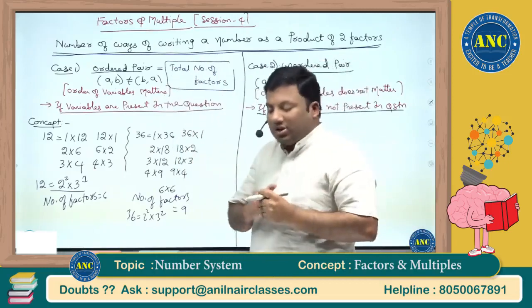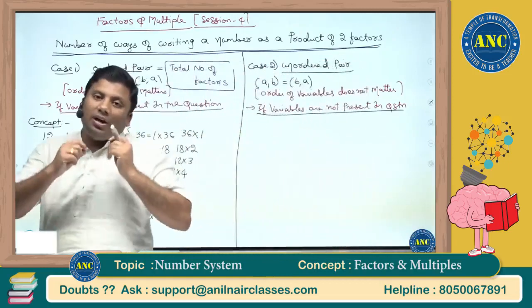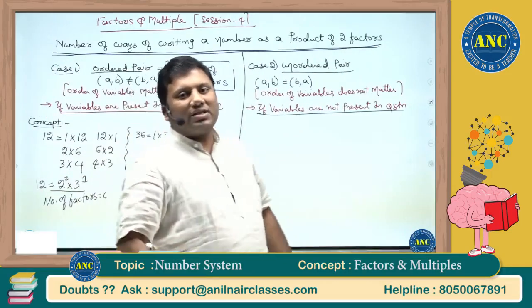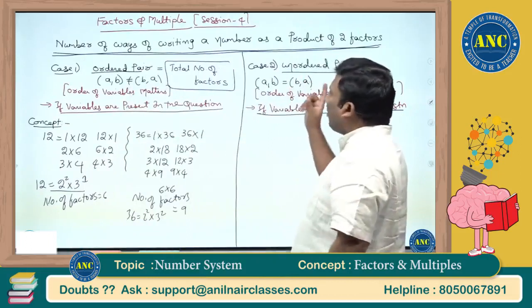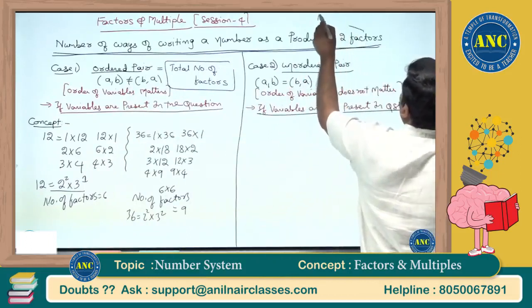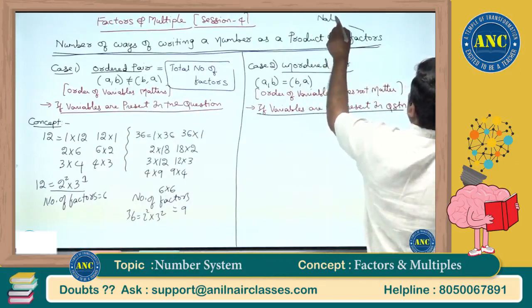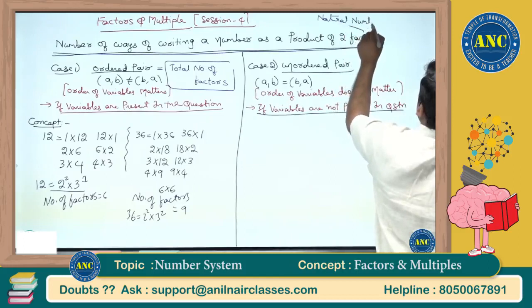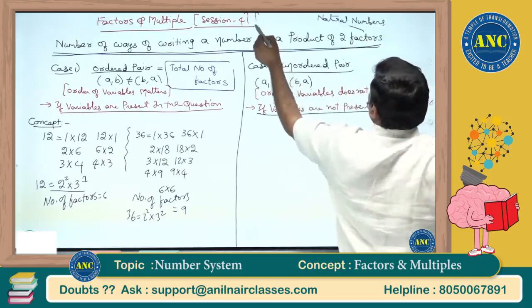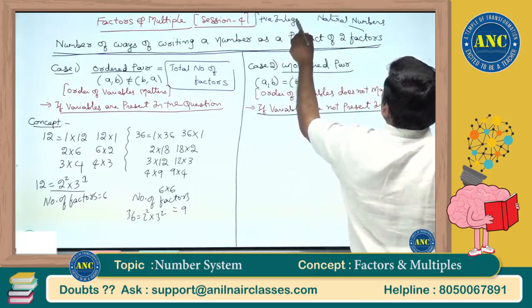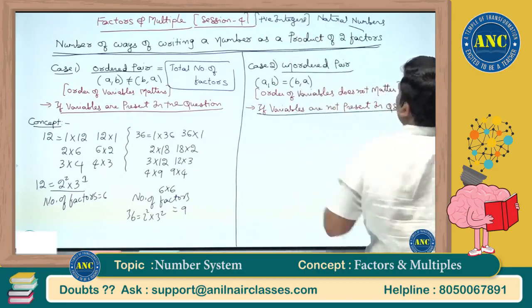Wherever the variables are present in the question, I will make use of ordered pair. In ordered pair, in how many ways can you write a number as a product of two factors? When I say factors, I am referring to the product of two natural numbers, that is, positive integral solutions. Positive integers are also called natural number solutions.